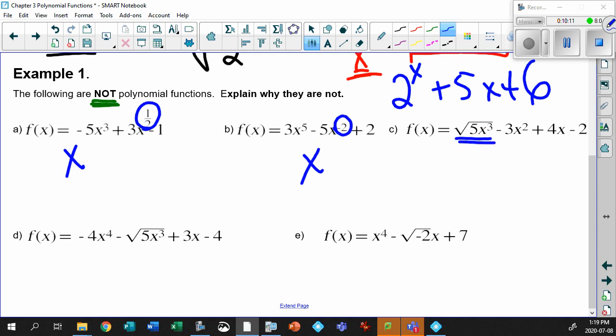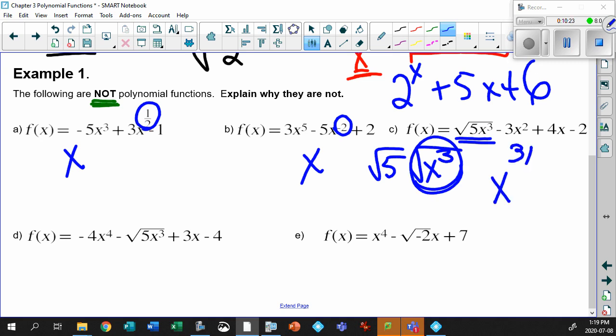Check this one out. You can have a root 5, but this also means that you have the square root of x cubed. And you remember from flower power that this is x to the 3 over 2. I'm referring to flower power an awful lot. If you don't remember how to do that, go back to the Math 10C podcasts and look up roots, and you'll see what flower power is all about. Look at the next one.